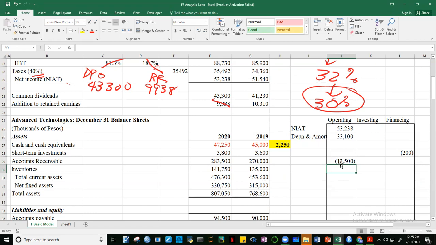Okay, sorry guys, ha? Let me change this. Okay. And then inventories, use of cash, correct, no? Use of cash to, so dapat ito. Ganun din, no? Source of cash to, ito use of cash.